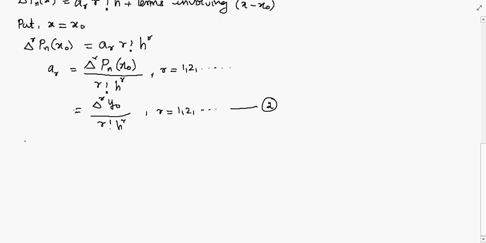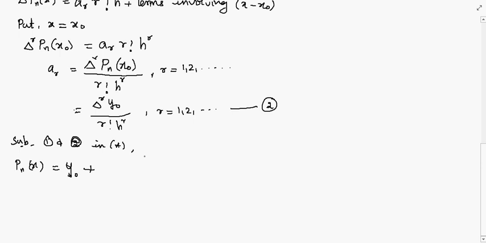Now we will substitute equations 1 and 2 in star. We will get Pn of x is equal to a naught, which we found as y naught, so y naught plus a1.